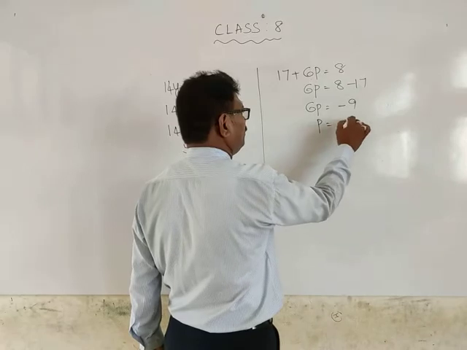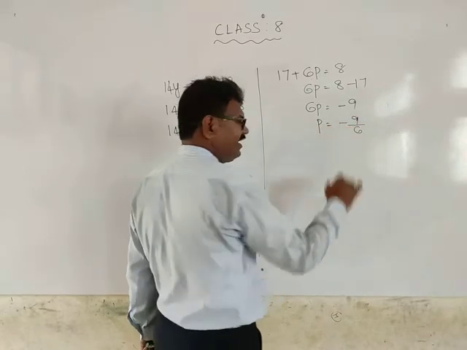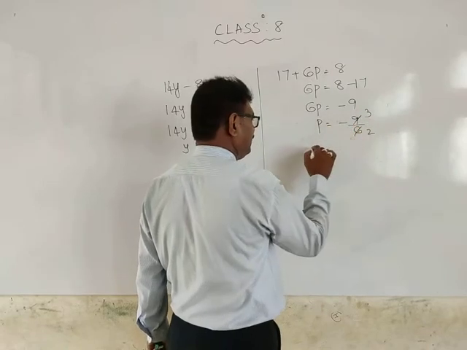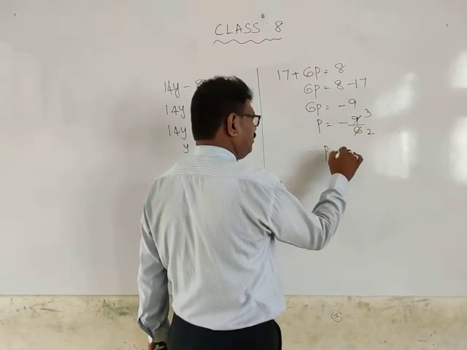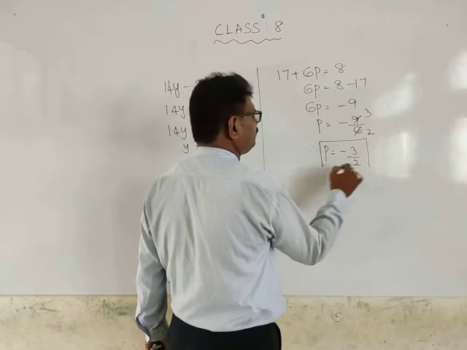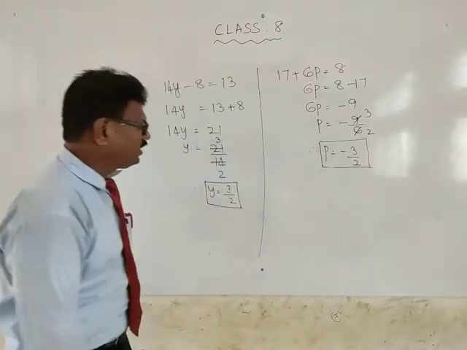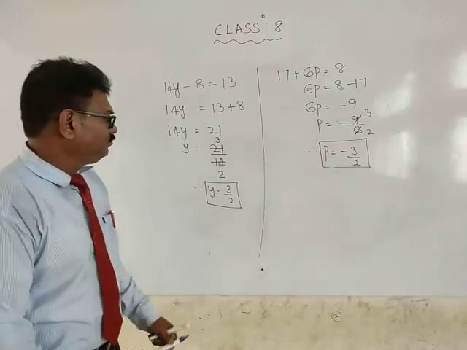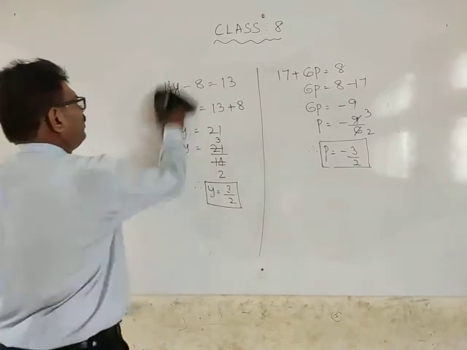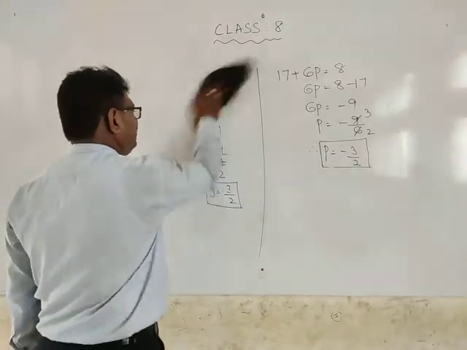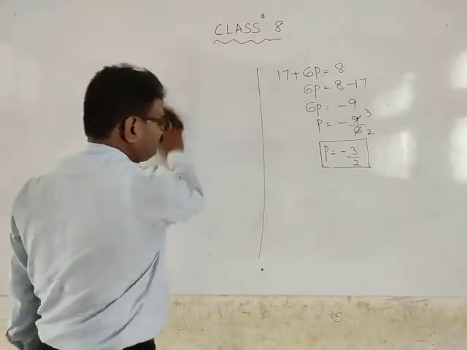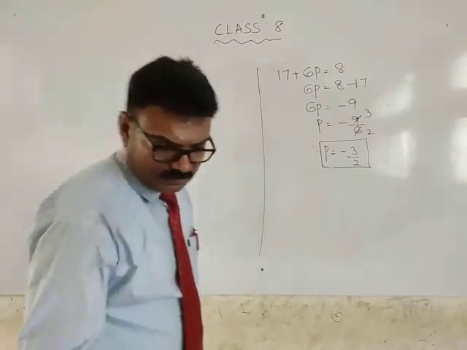Therefore, p equal to minus 9 divided by 6. So you can write 3 threes are 9, 3 twos are 6. Therefore, p equal to minus 3 by 2. Okay? So like this, you have to solve one by one. Okay? Yes. Next problem.